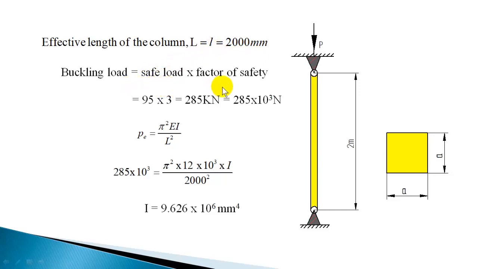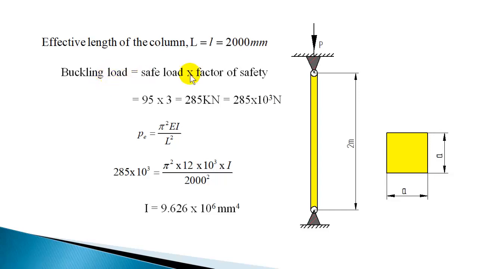Buckling load is safe load into factor of safety. The safe load is given as 95 kilonewton. You cannot design the column to buckle at 95 kilonewton because 95 kilonewton is a safe load you want to apply on the column. We usually get safe load as buckling load divided by factor of safety.